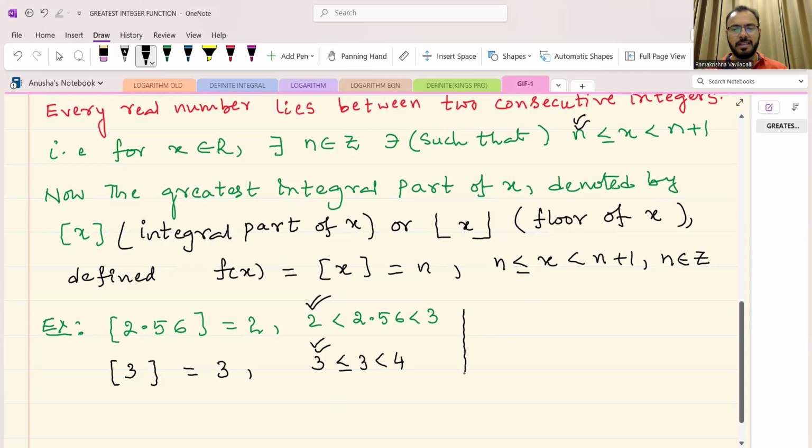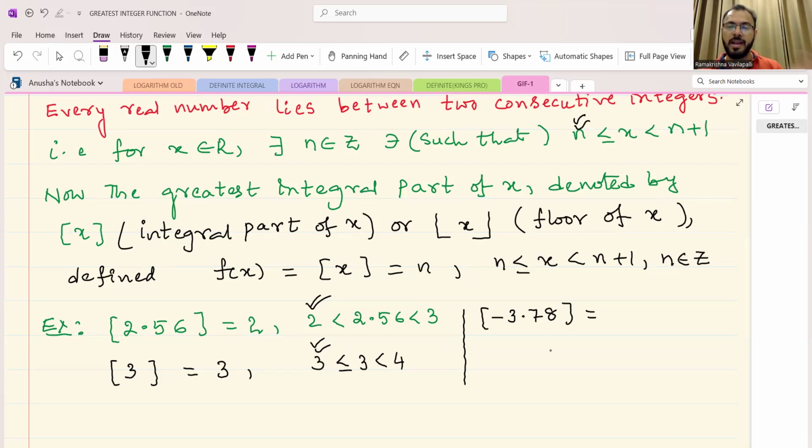For example, integral part of minus 3.78. This is equal to the greatest integer less than minus 3.78. There is no confusion at all. The integers less than minus 3.78 are minus 4, minus 5, minus 6 and so on.